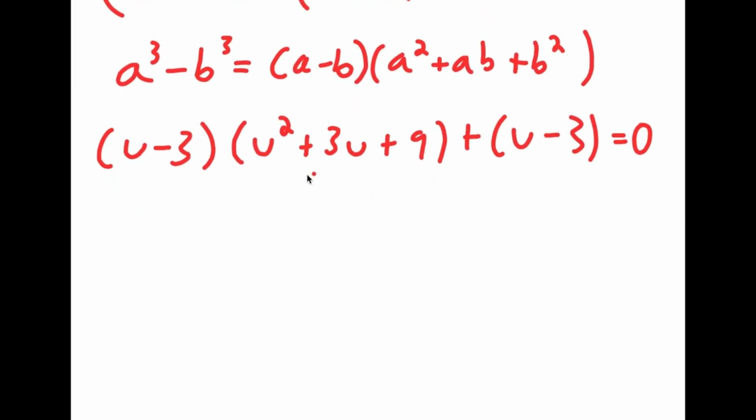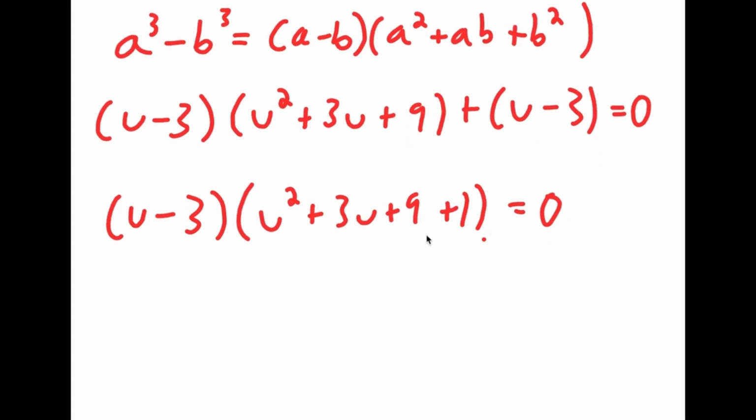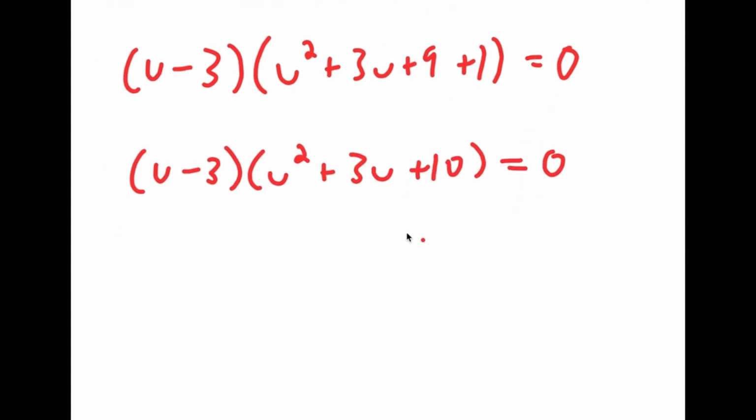And now, because both of these terms have a common factor of u minus 3, if I factor out u minus 3, I get u minus 3 times u squared plus 3u plus 9 plus 1 is equal to 0. And now from here, 9 plus 1 is 10, so I get u minus 3 times u squared plus 3u plus 10 is equal to 0.